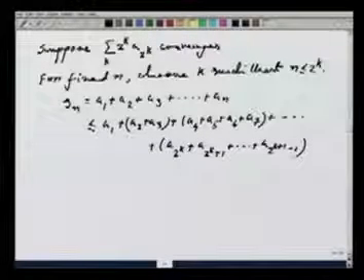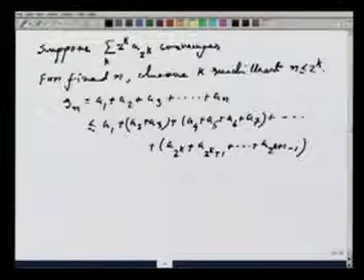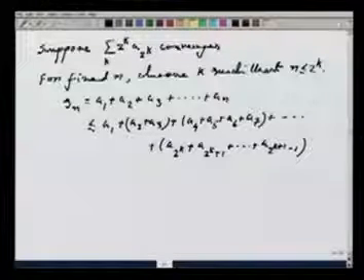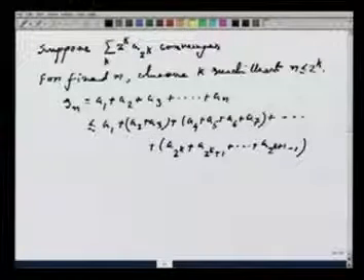Since 2 to the power k is bigger than n, I am taking many more terms, and since every term is non-negative here, certainly the right hand side is much bigger.